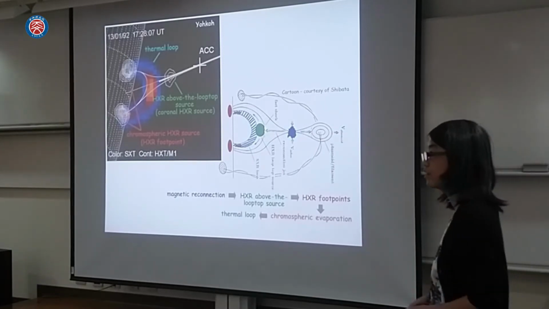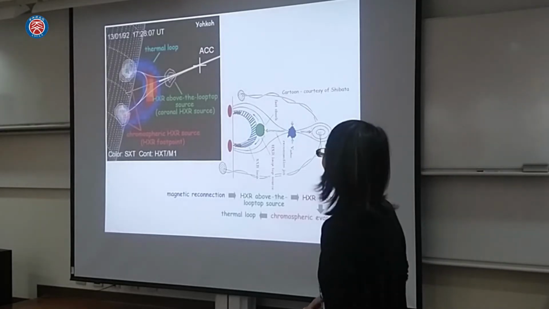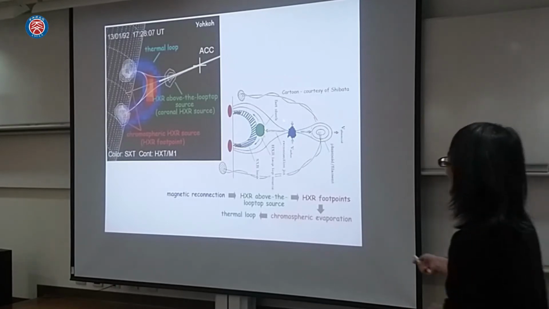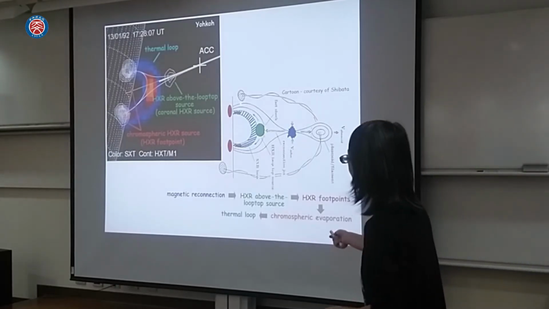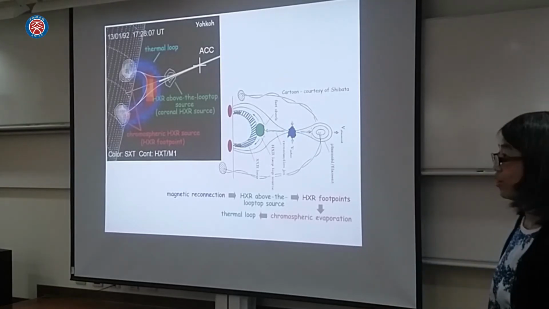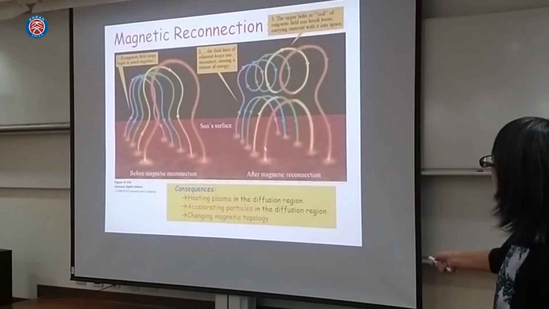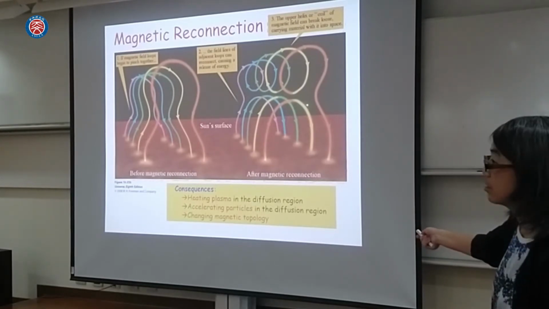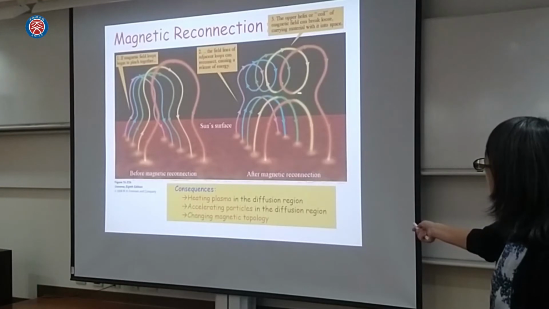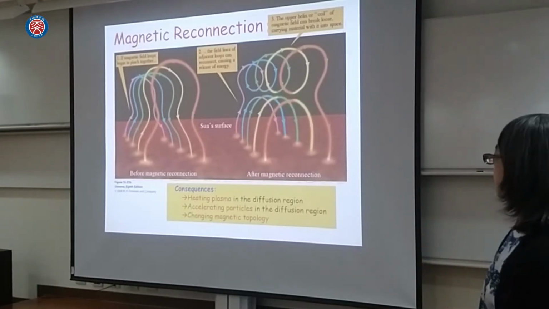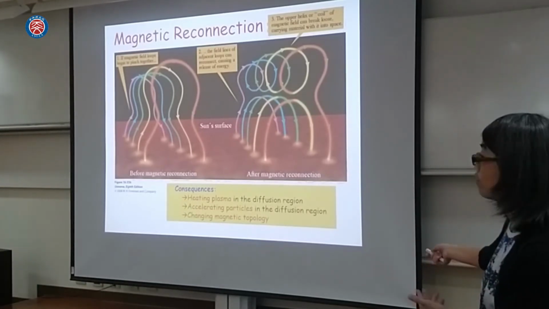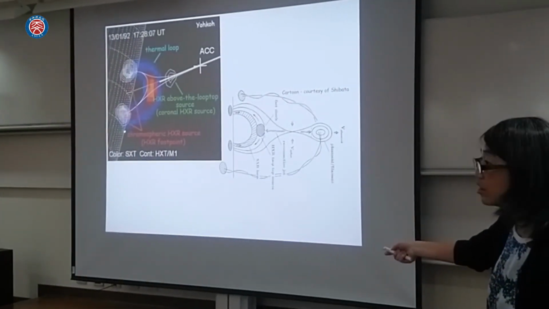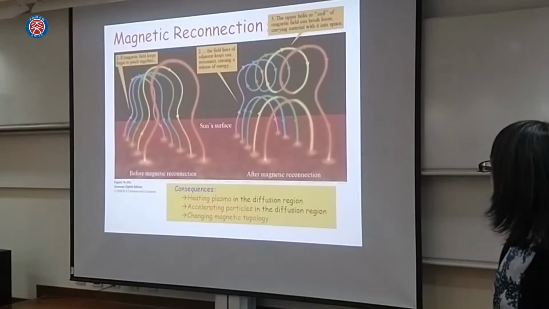Where is the helical magnetic field? Here. This one is something like the arcade field, right? Because reconnection is supposed to occur here, below the reconnection site an arcade field will be formed, just like this one. And how about the upper part?